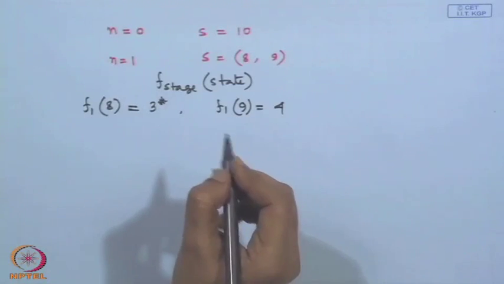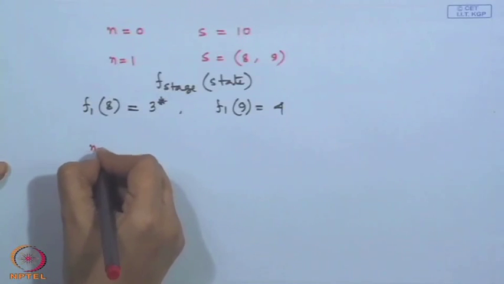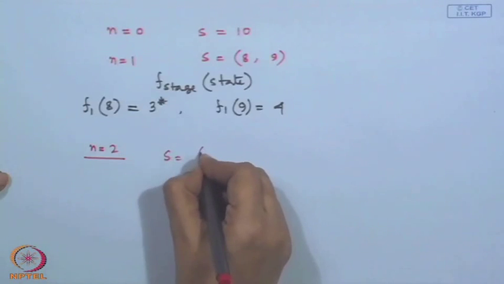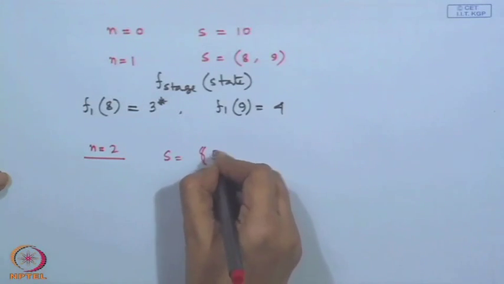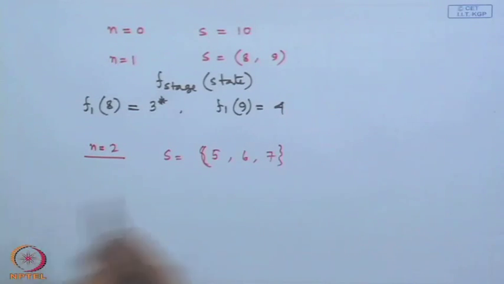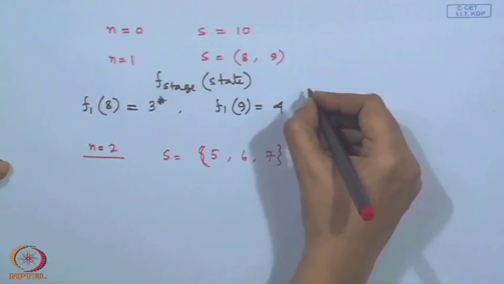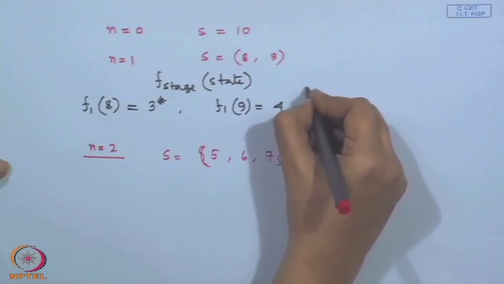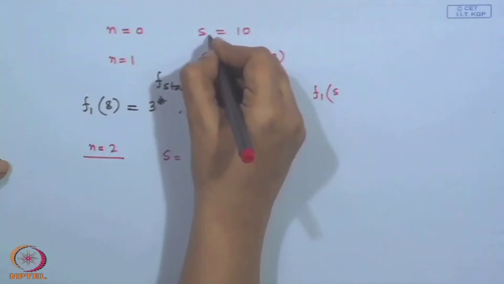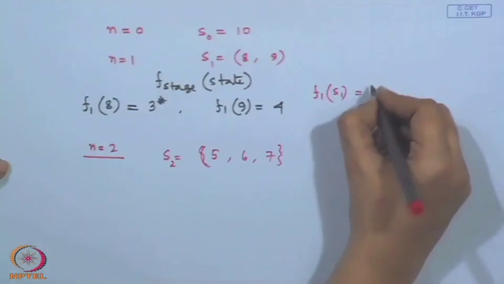If I move to the next, that means we are moving to n equal to 2. How many alternatives did we have? We had 5, 6 or 7. Here I just wanted to mention one thing: for taking the decision I have used the transformation equation, f1 S1, this is S0, this is S2.